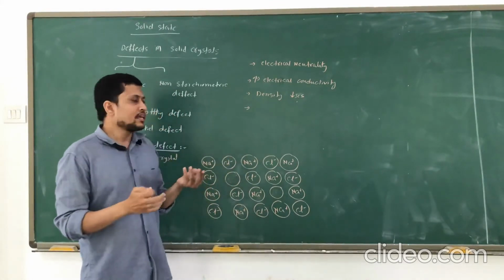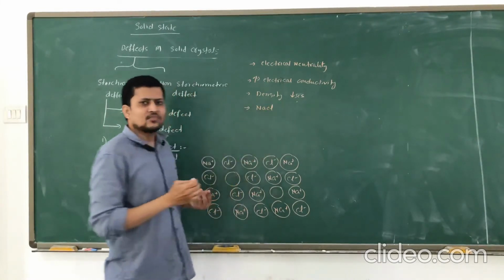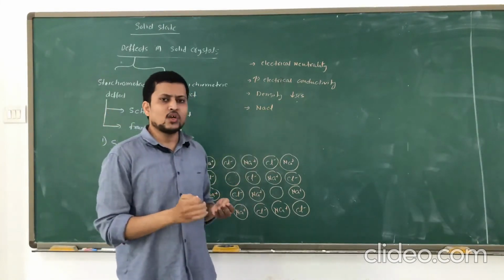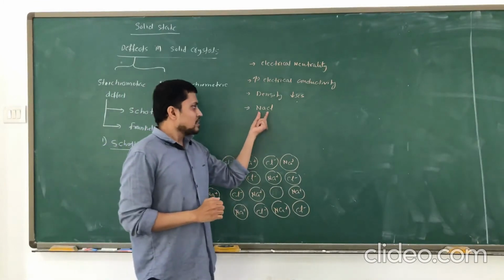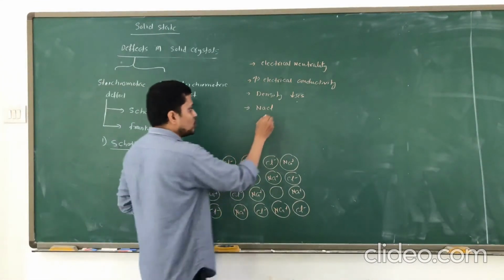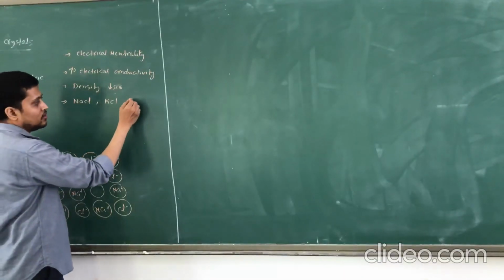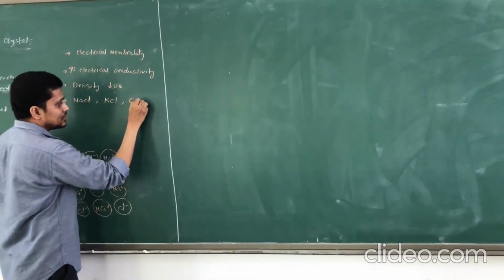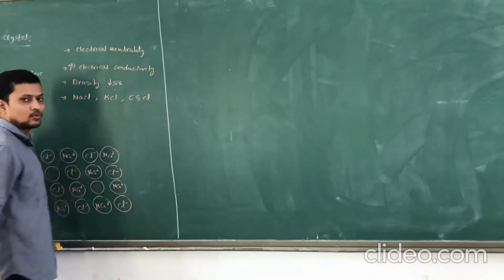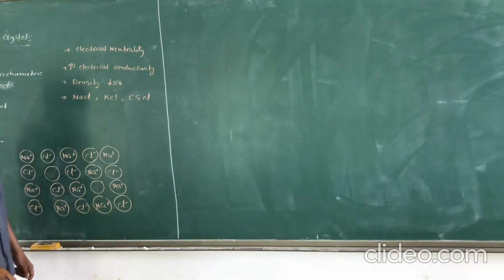So if I take the example NaCl, sodium chloride, the size of the sodium cation and chloride anion is the same. So this type of crystal can show Schottky defect. One more example is CsCl, cesium chloride. Here also the size of cation and anion is the same.